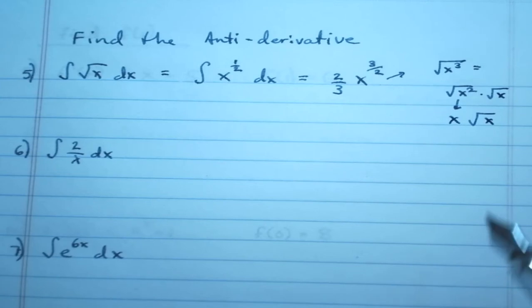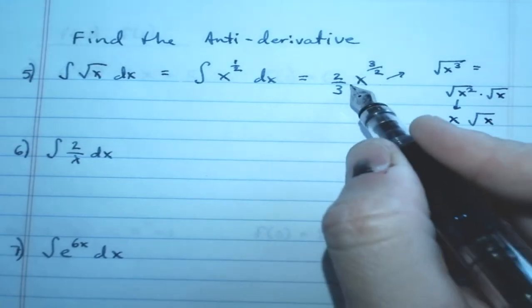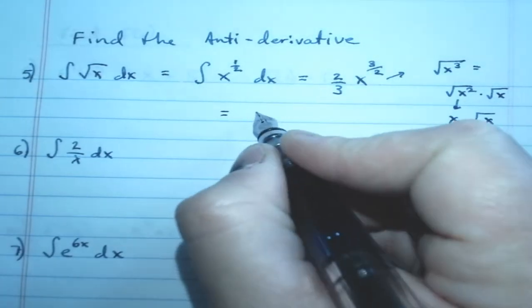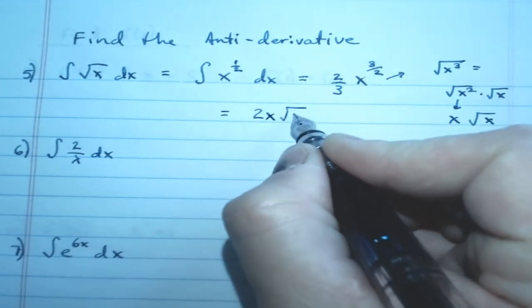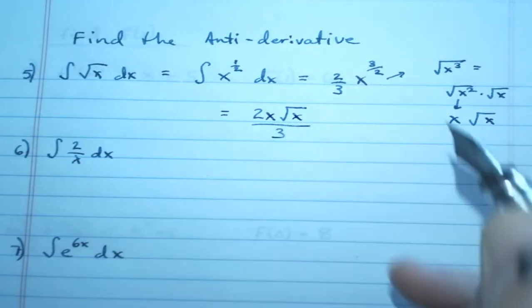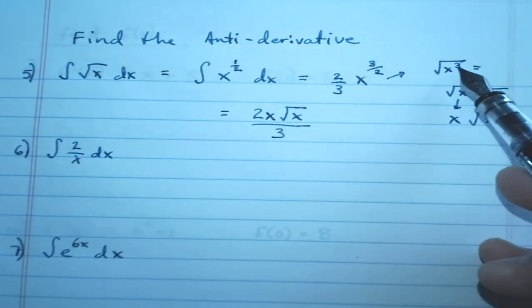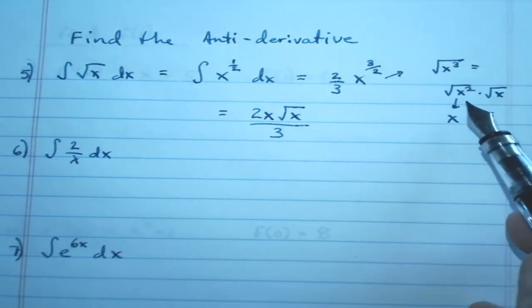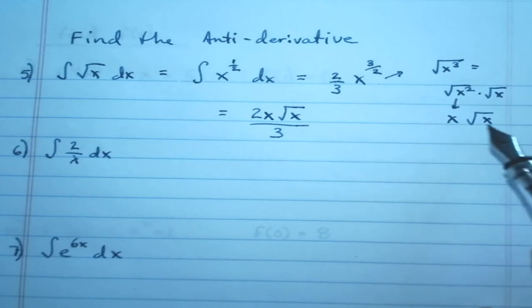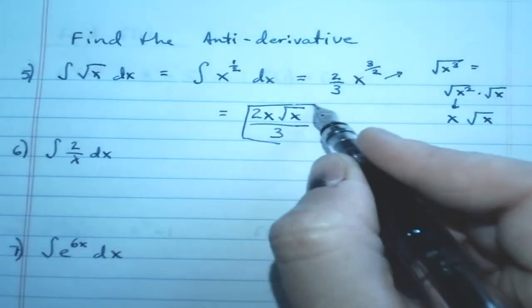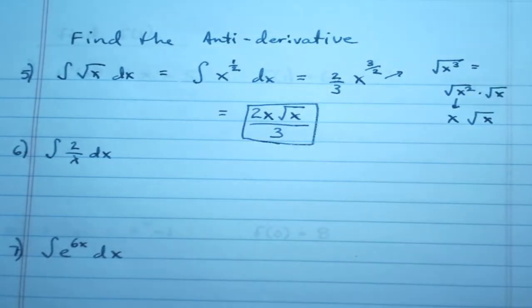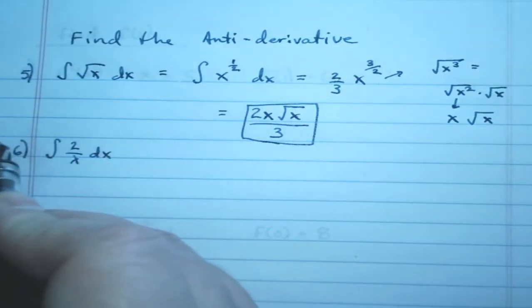So all of that done there on the side. So this guy becomes 2x root x over 3. So x cubed under a square root is x root x. And so 2x root x over 3 would be the antiderivative of the square root of x.